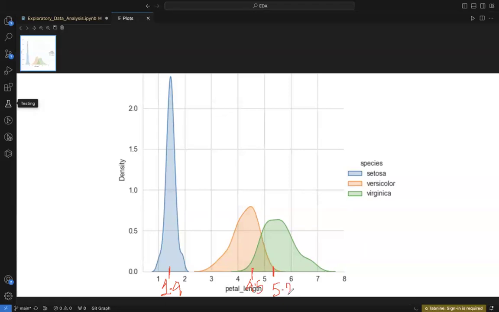So this is the mean for Setosa, this point is the mean for Versicolor, and this point is the mean for Virginica. Now, I'm just putting these numbers roughly.